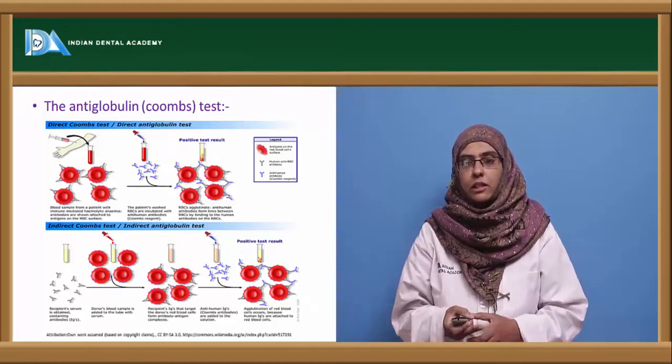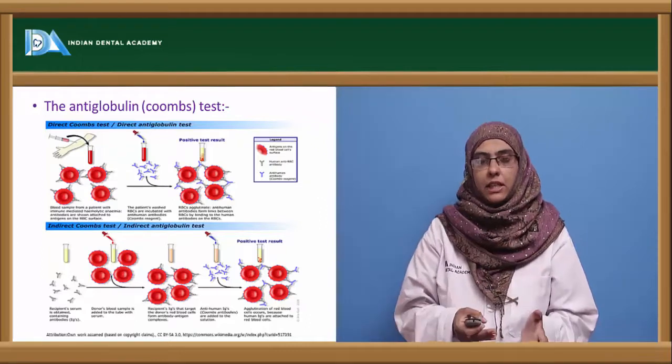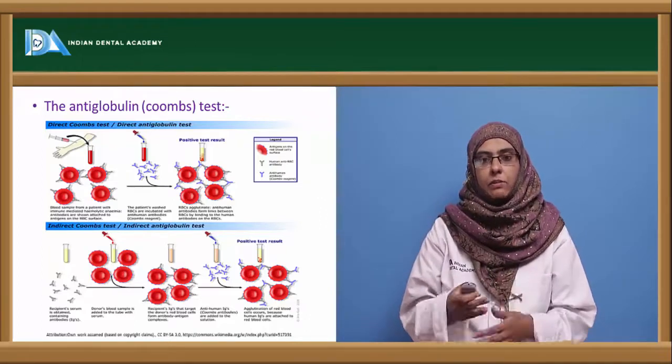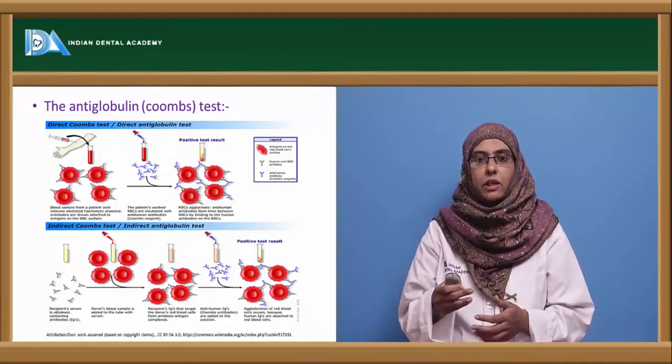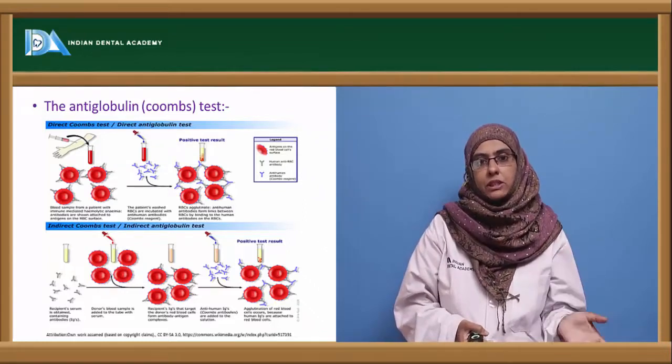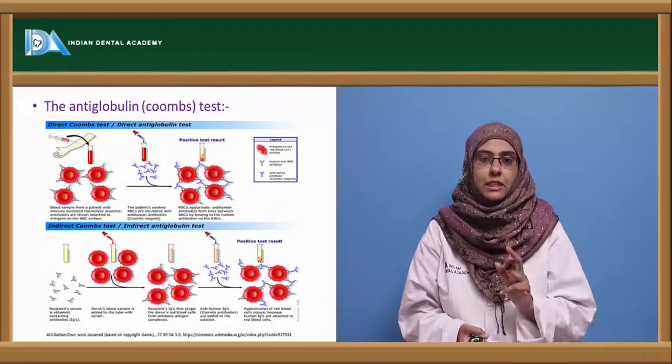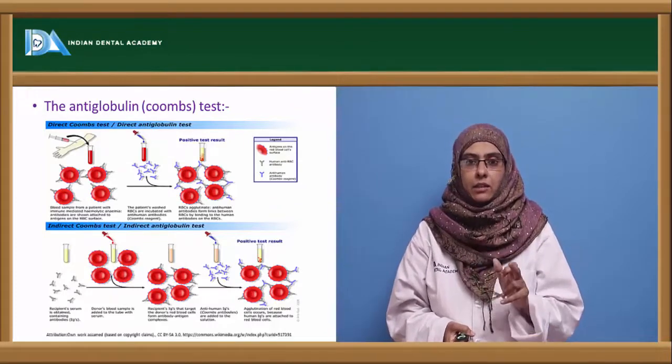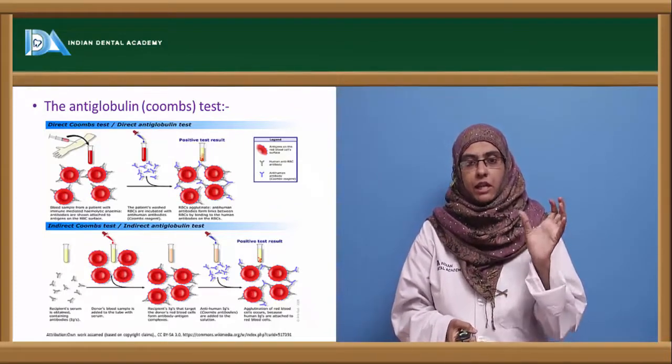It is called an antiglobulin test because these antibodies will not be able to agglutinate the RBCs. The serum contains incomplete antibodies that sensitize the RBCs.